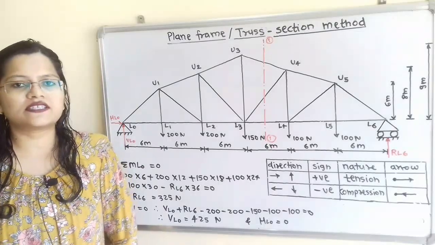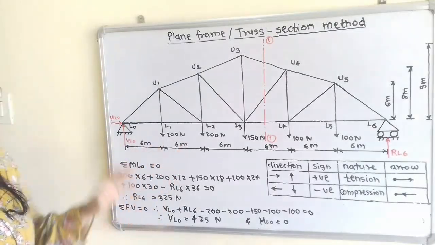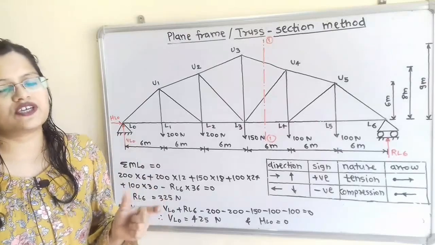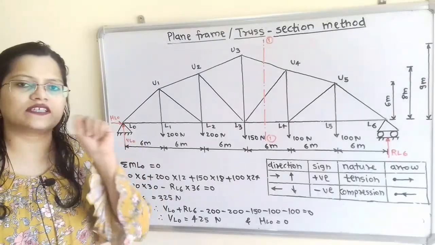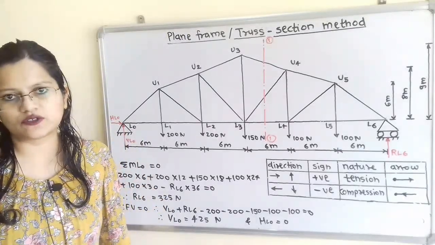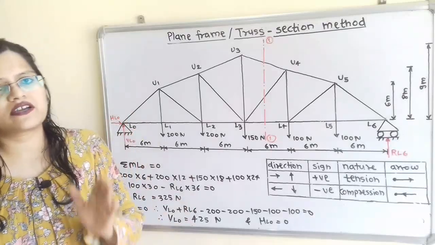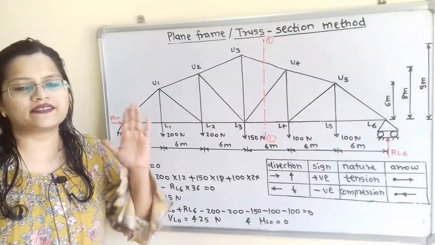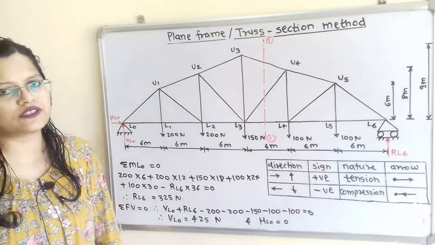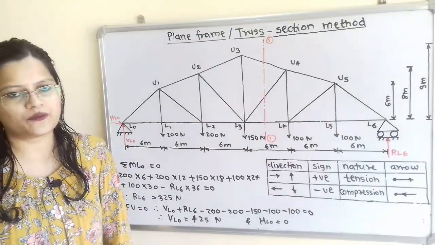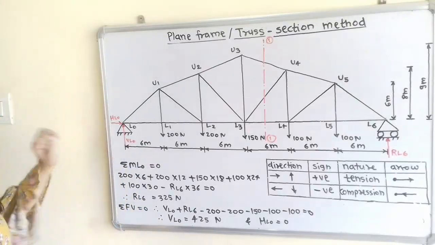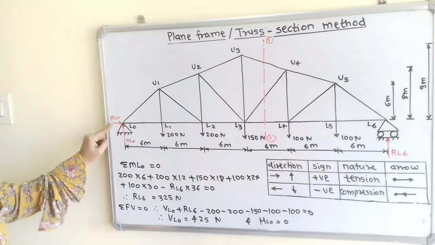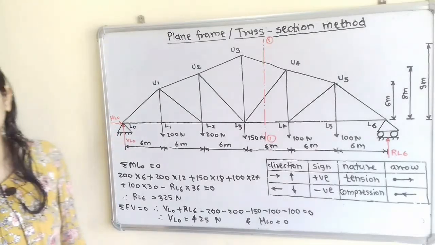When we consider equilibrium of the whole system, the summation of moments of all the forces about any point is equal to 0, the summation of all vertical forces is equal to 0, and the summation of all horizontal forces is equal to 0. Now, at this point L0 there are two unknown forces.